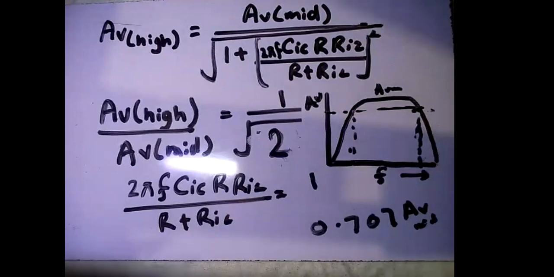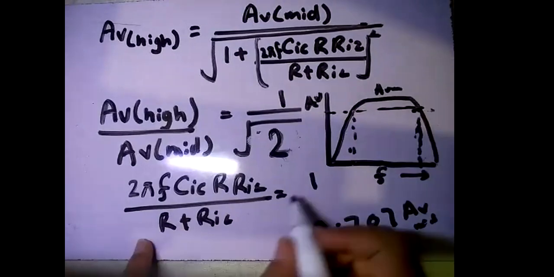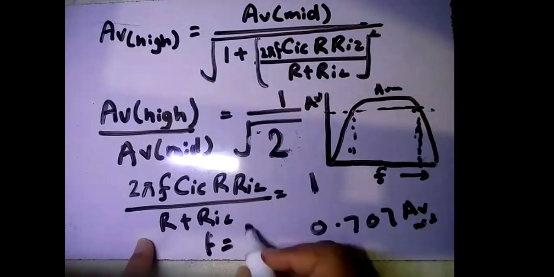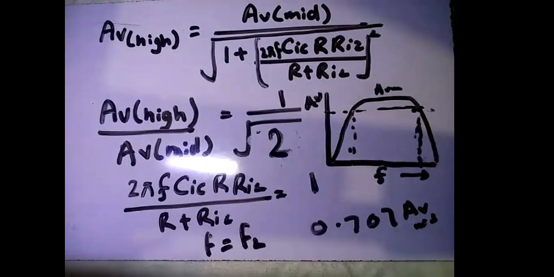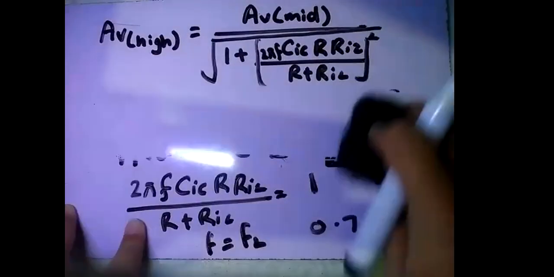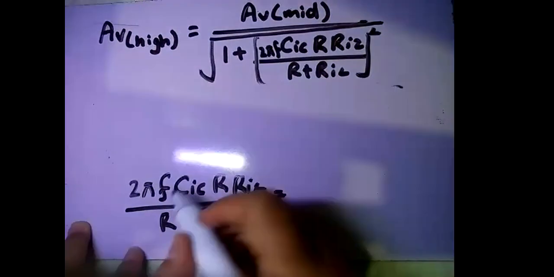How can you determine it? If we say that when this relation becomes 1, at that point the frequency is equal to the upper limit frequency or high limit frequency f2. So what will be the value of f2? Replace f by f2.